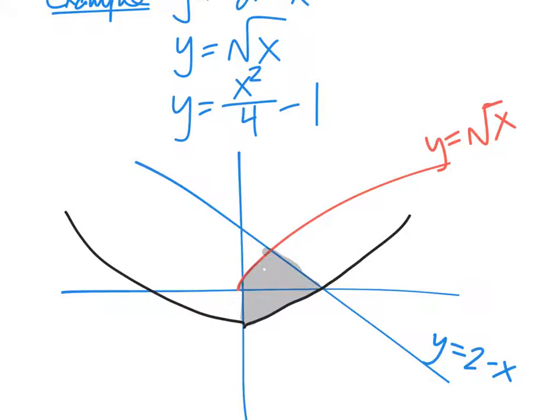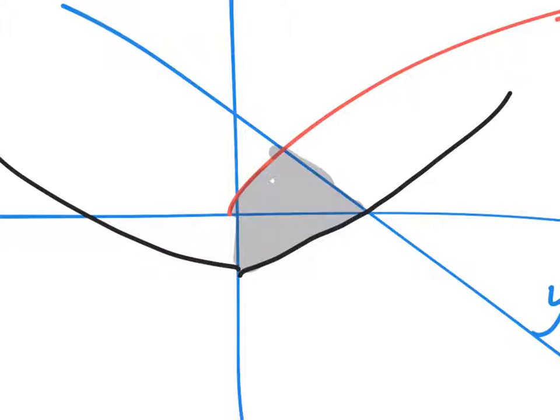Okay, talk to your partner. Are you going to integrate in terms of x, or are you going to integrate in terms of y? And if you're going to integrate in terms of x, how are you going to do it?